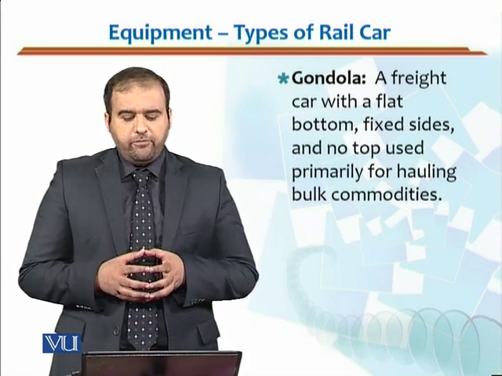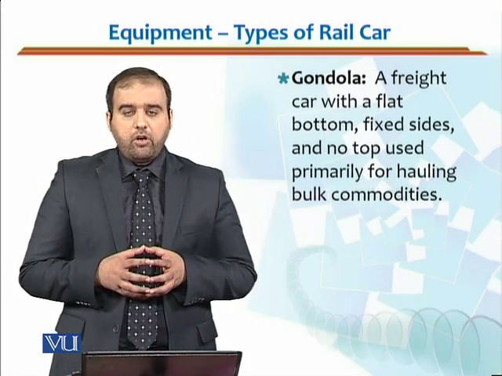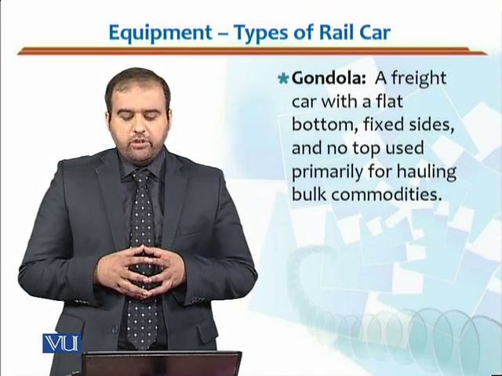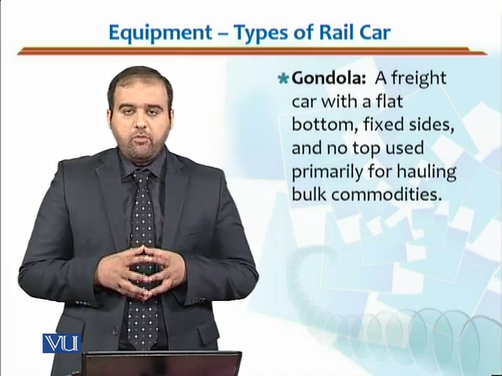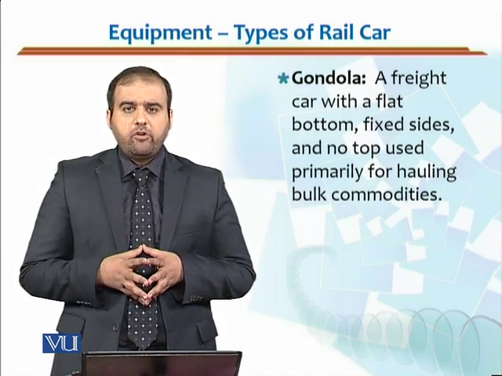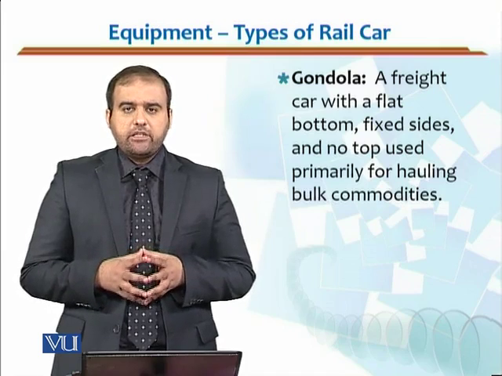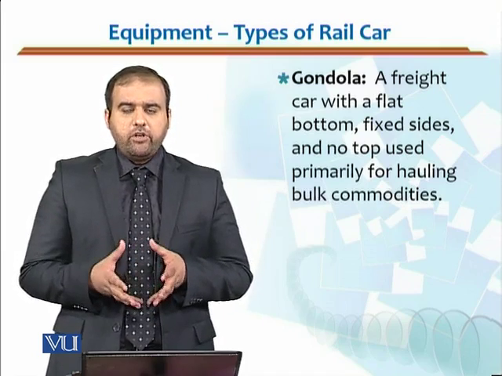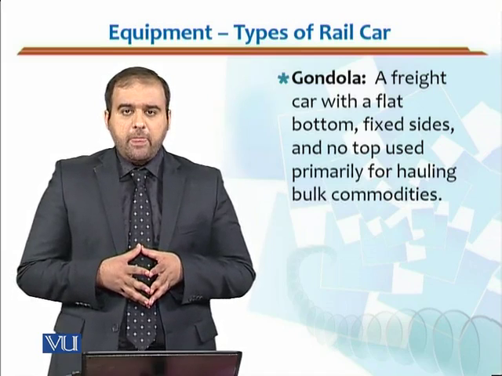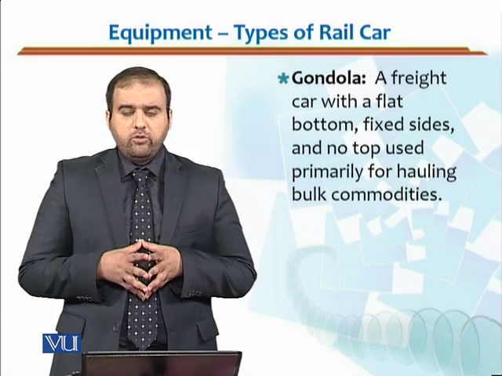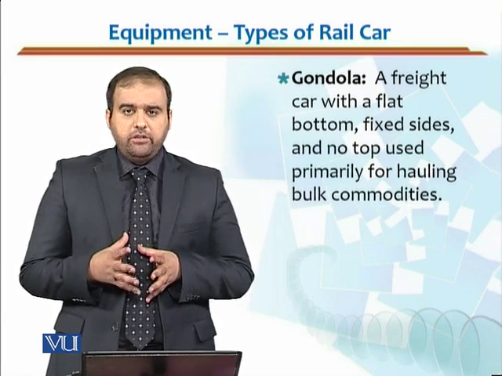Gondola, a freight car with a flat bottom, fixed sides, and no top, used primarily for hauling bulk commodities. This is also for bulk commodities. It depends on what kind of rail car is available in that country. This is one of the advanced forms, and it would have fixed sides and no top. So what will happen?